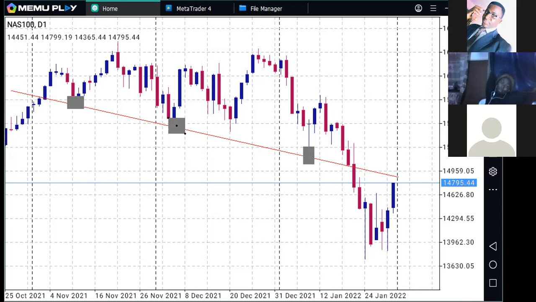My question is, is there a correct strategy to analyze this market? Going by this trend line I just drew now, I spotted these three valid points.